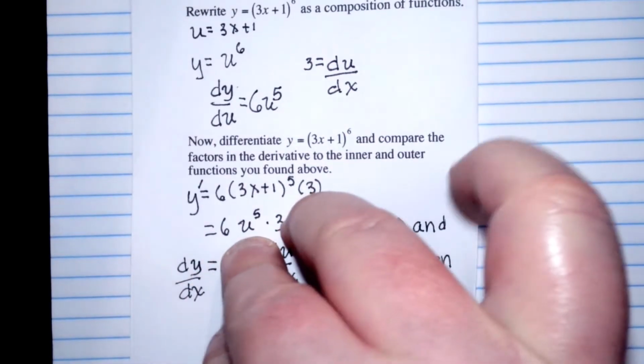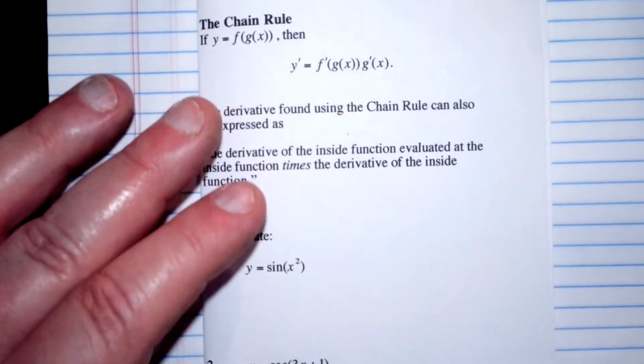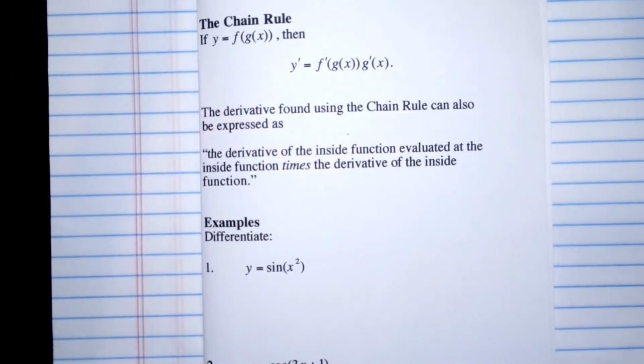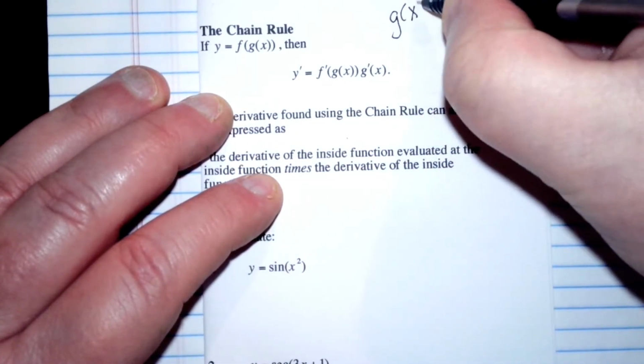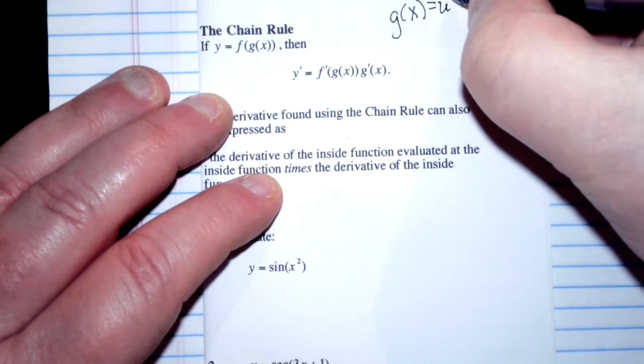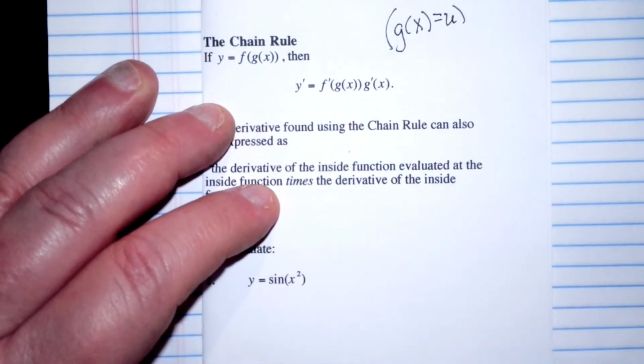Let's do an example after we say this. Another way to write the chain rule is this way. If y equals f of g of x, now the g of x is playing the role of the u in what we just said.